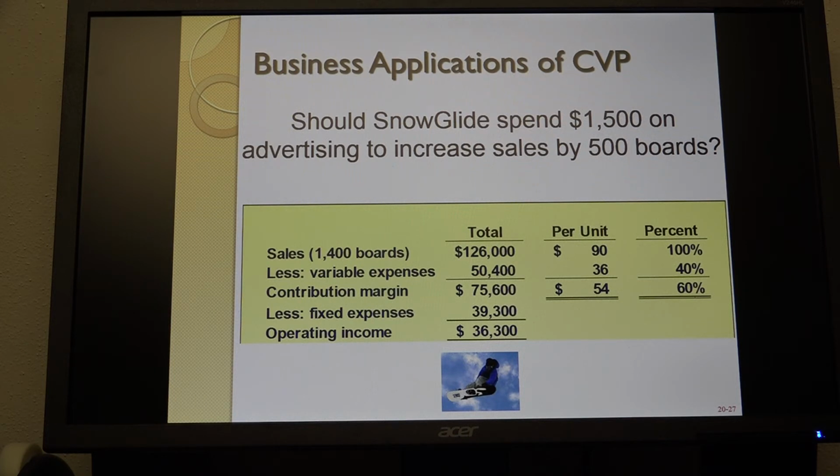Now notice your fixed expenses have increased. Why? Well, because you've added more advertising of 1,500. It was 37.8, now it's 39.3. And so operating income in this assumption is now 36,300.